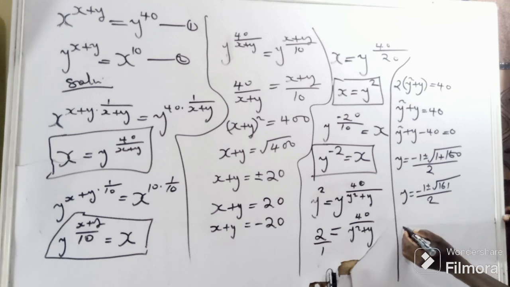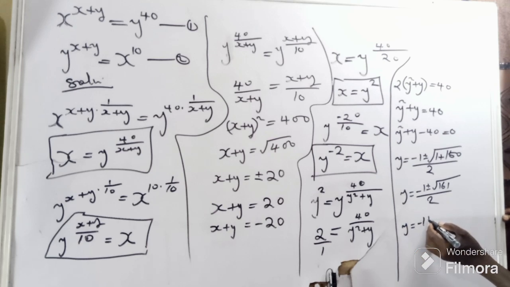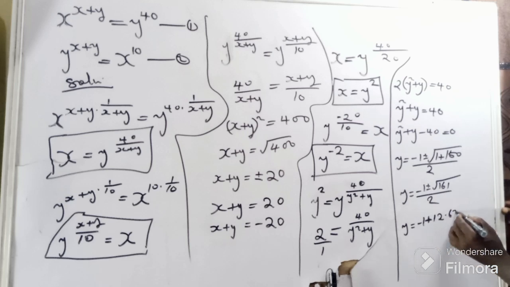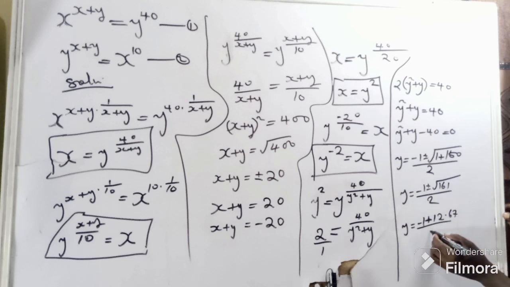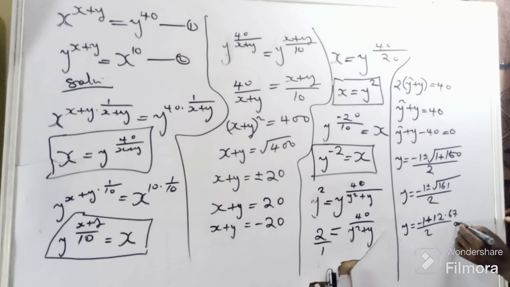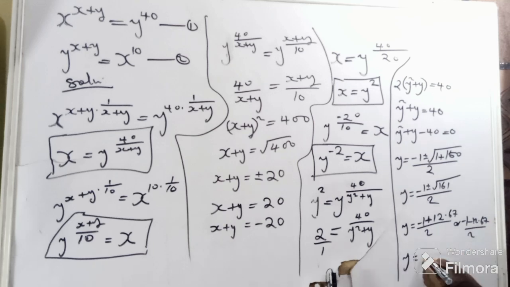So y is equal to minus 1 plus the square root of 161, which is 12.67, divided by 2, or minus 1 minus 12.67 divided by 2.